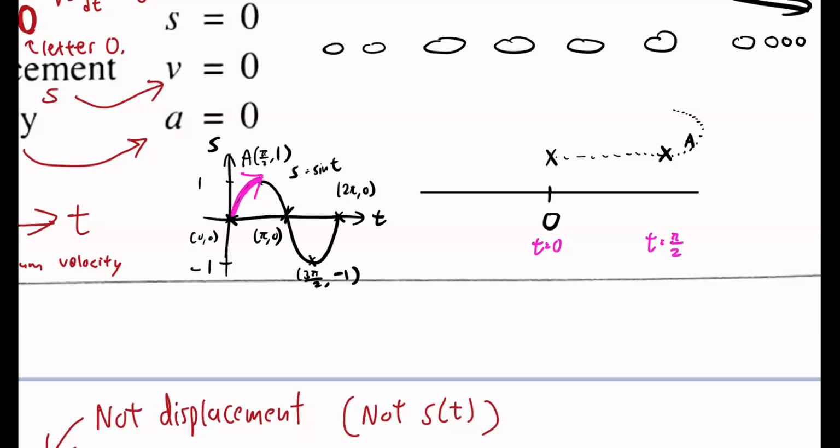This dotted broken line here is not significant. It's just to illustrate, so that it's easier to draw the diagram. I'll draw an arrow this way to represent the direction. I'll use a solid line. Then what happens next is you go from point A to point B. Let me be consistent with the color.